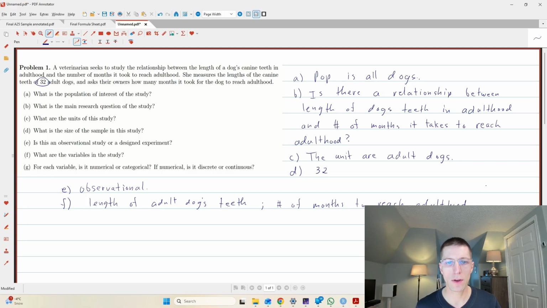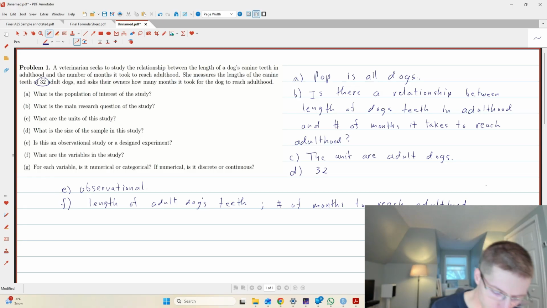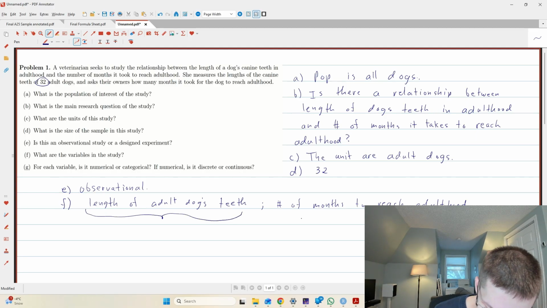I think you'll agree that those are both numerical. They're both quantitative pieces of information.